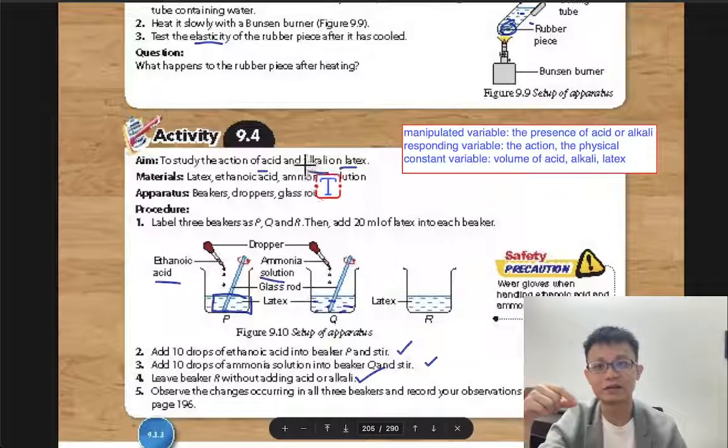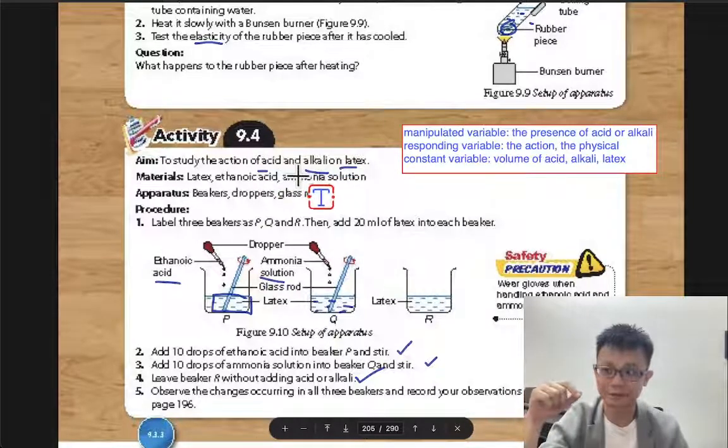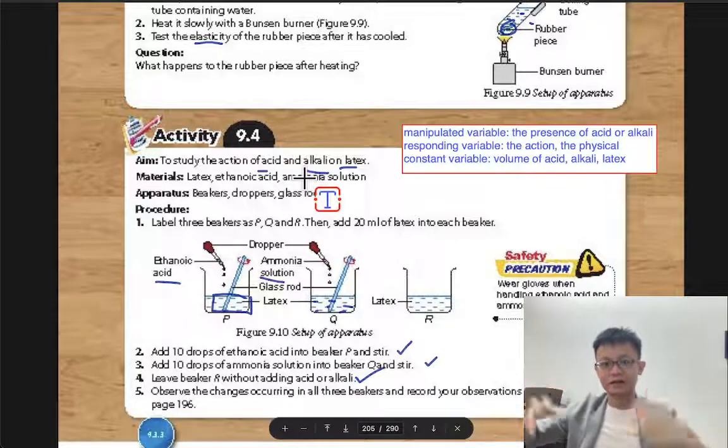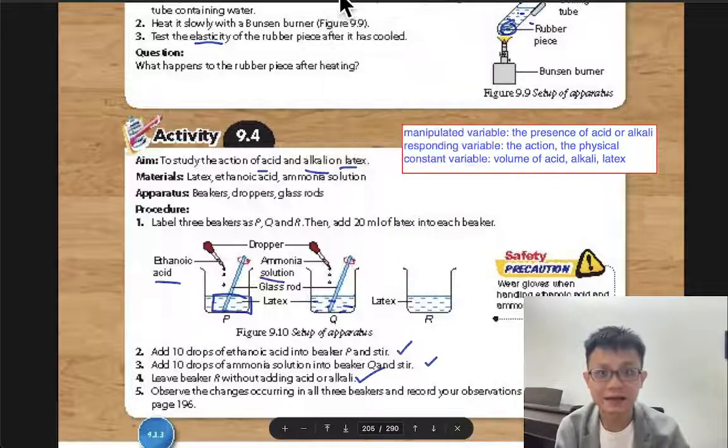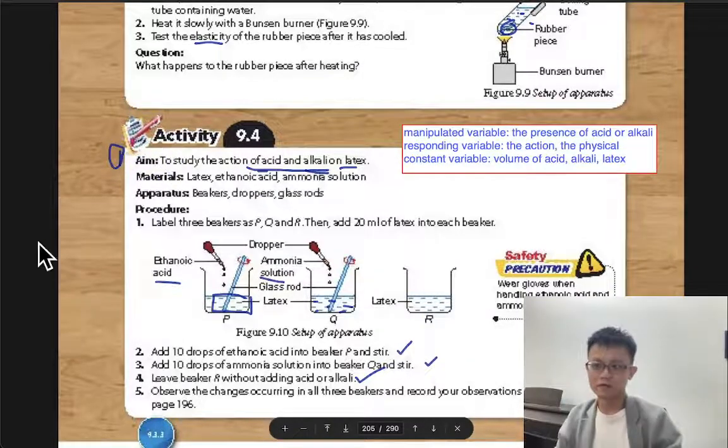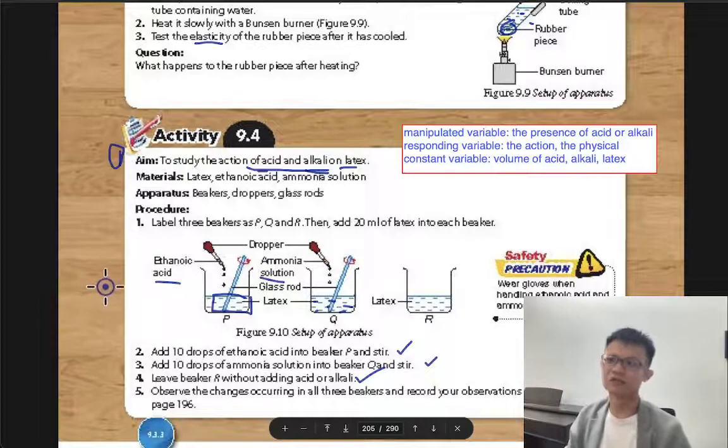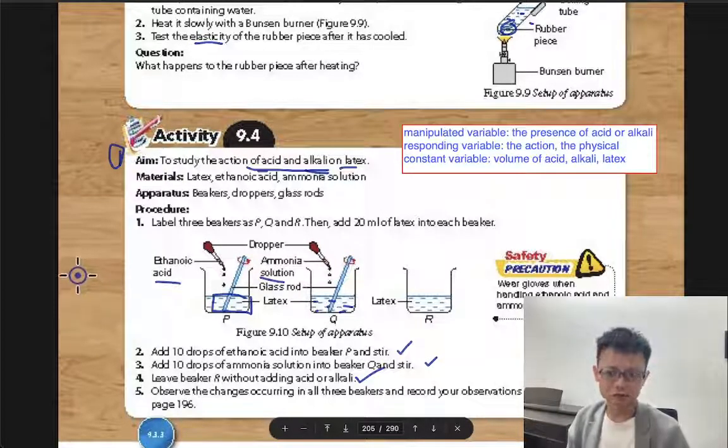This experiment didn't give the hypothesis, but usually the hypothesis will be the effect of acid, or the aim. Yeah, the aim is already there, sorry. The aim already says acid and alkaline, which means this whole experiment is to study acid and alkaline. The experiment says he wants to study the effect of acid and alkaline on latex.